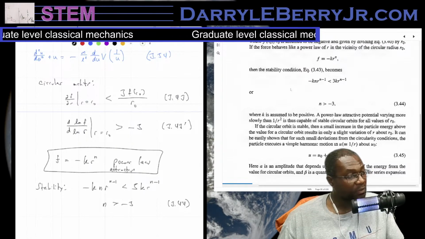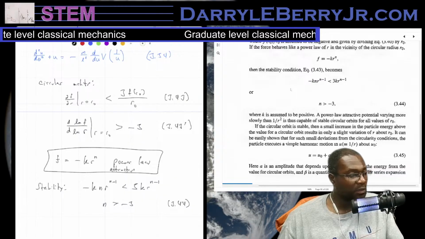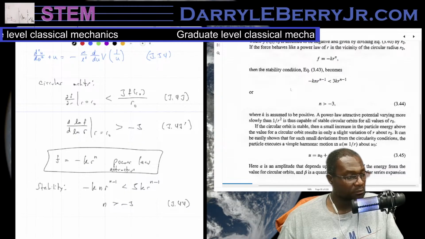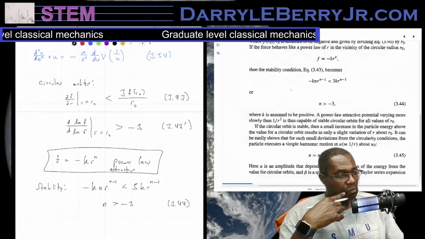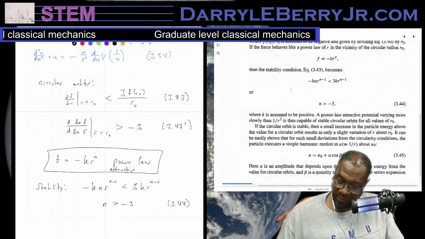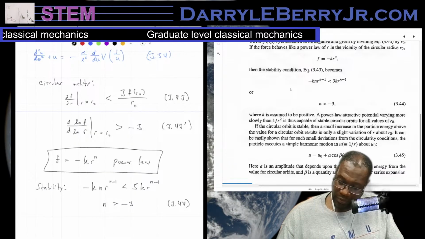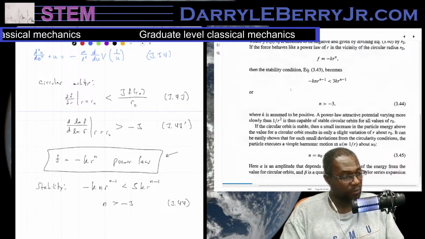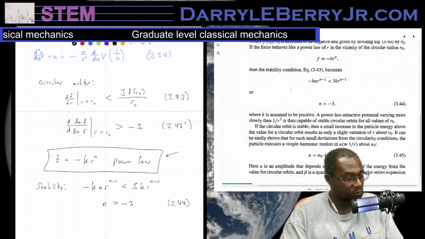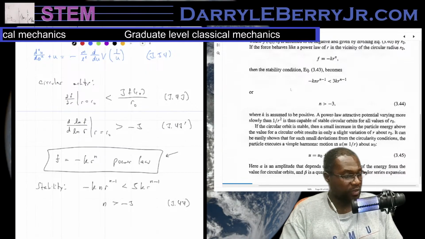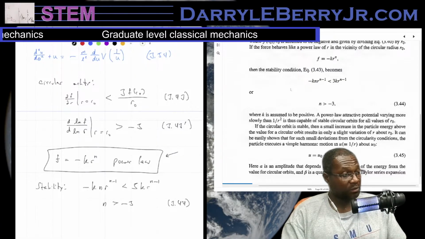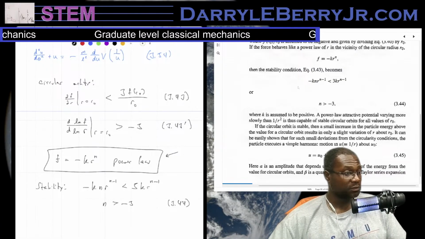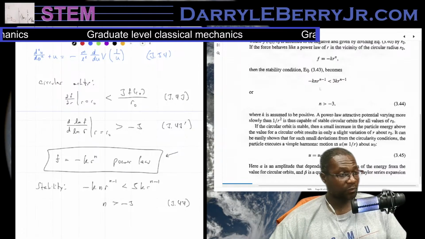No, hold on. This is the attractive force. So if we were to put n equals negative 3 here, that's 1 over r cubed. If we put in negative 2, that's 1 over r squared. So it needs to be greater than negative 3, so it's going to be negative 1/2 or negative 1. K is assumed to be positive.